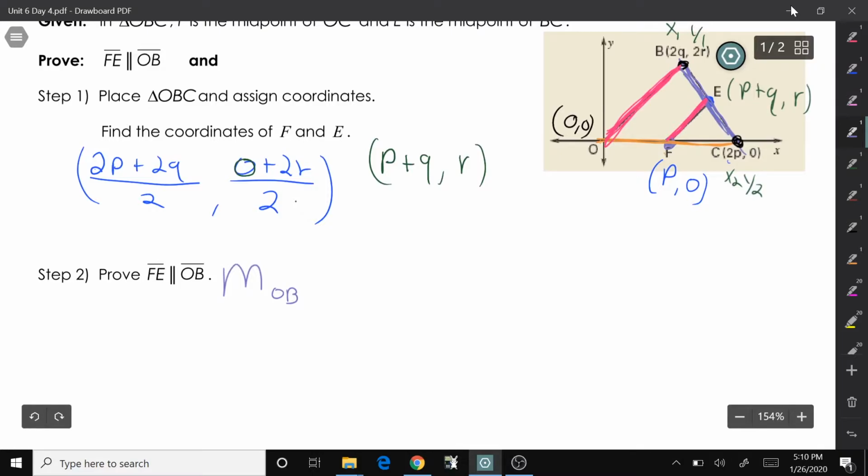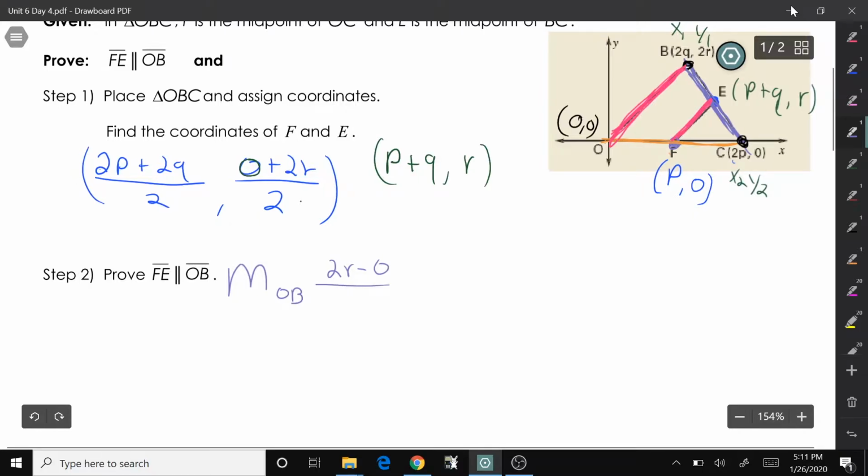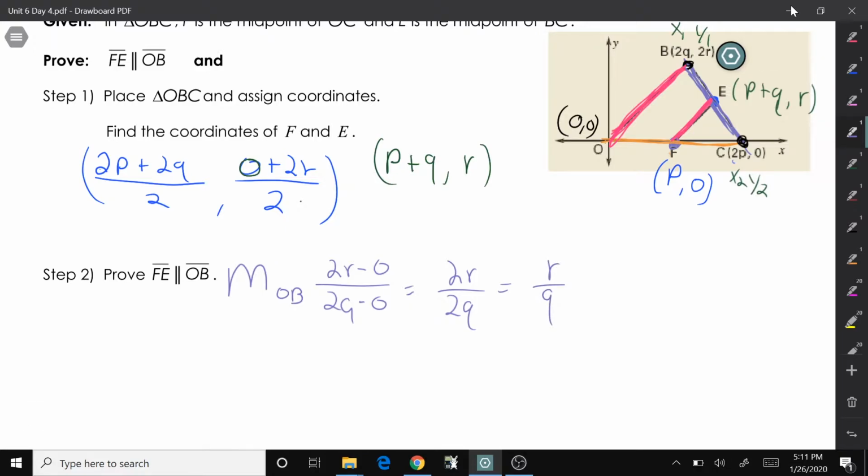I'm going to do my y values, and luckily one of the points is 0, 0, so it's going to make it real easy. So 2r minus 0 over 2q minus 0, that will equal 2r over 2q, which will just equal r over q. So the slope of OB, or BO, is r over q.